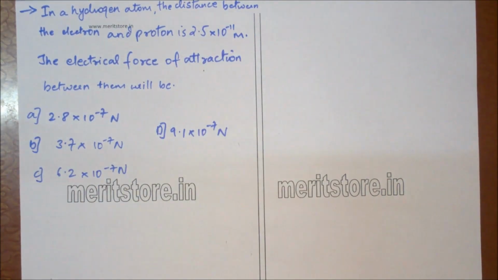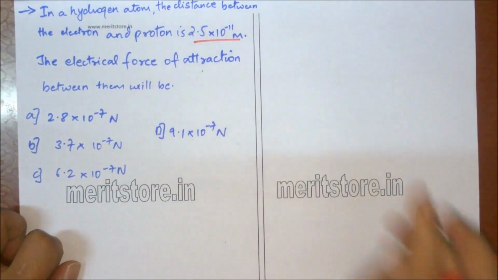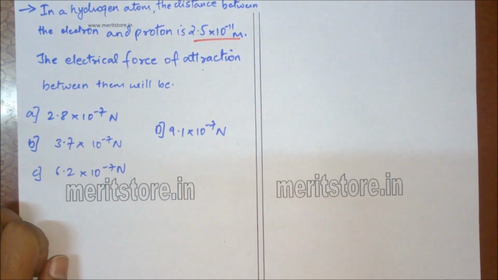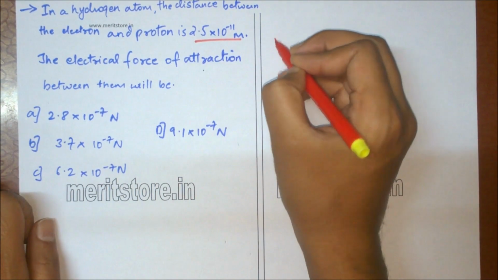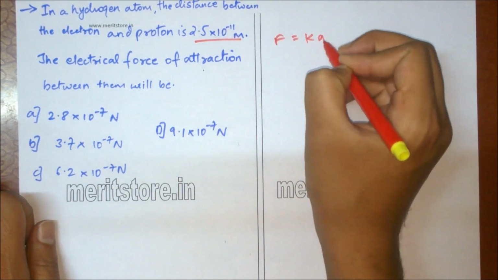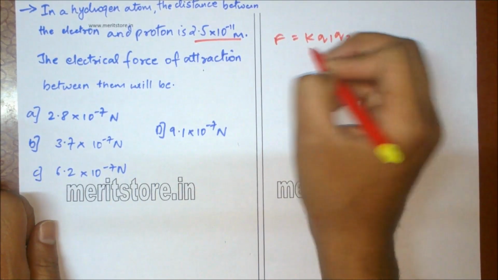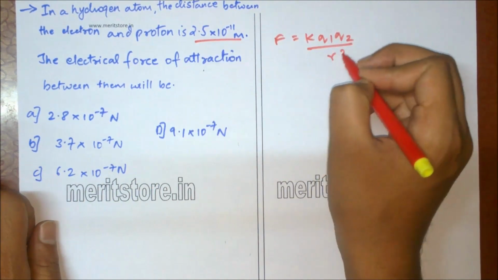In a hydrogen atom, the distance between the electron and the proton is 2.5 into 10 raised to minus 11 meter. The electrical force of attraction between them will be, we know force is equal to K Q1 Q2, which is charge 1 charge 2 upon R square.